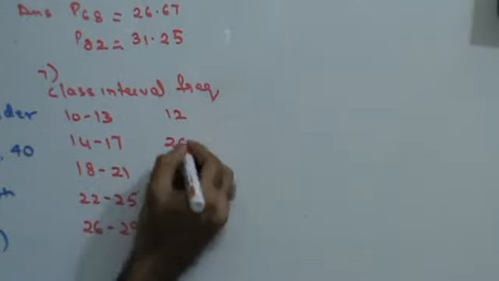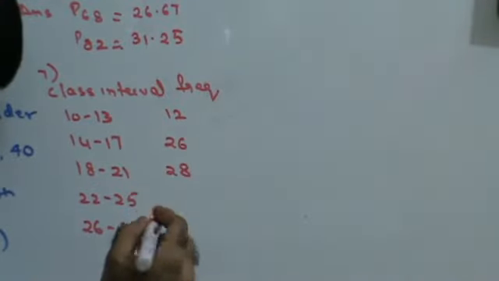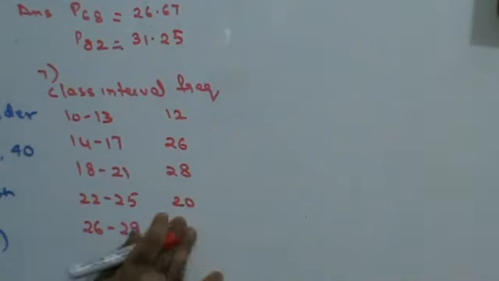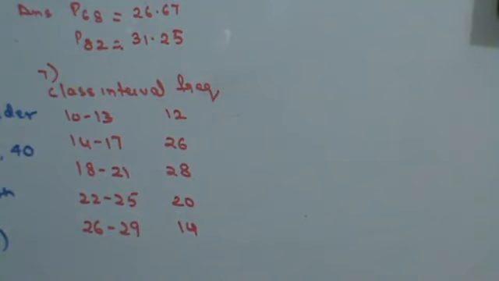Frequency is given to you as 12, 26, 28, 20 and 14. Right? They've asked you to find out. This is a mixture of everything.